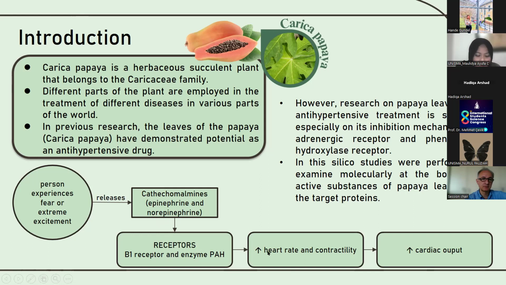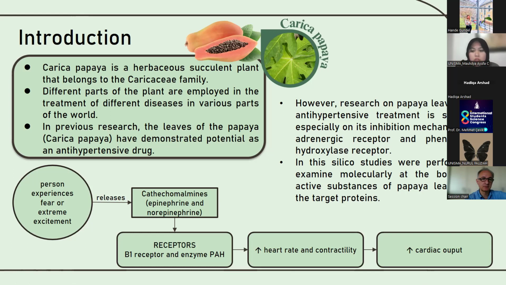That will increase heart rate and contractility, and the cardiac output will increase, hence increasing perfusion to tissues throughout the body. However, research on papaya leaves as an antihypertensive treatment is still rare, especially on its inhibition mechanism of beta-1 adrenergic receptor and phenylalanine hydroxylase receptor.